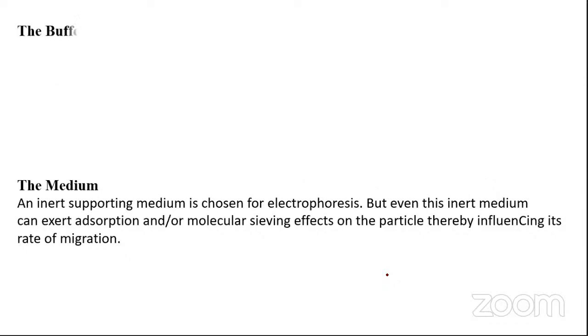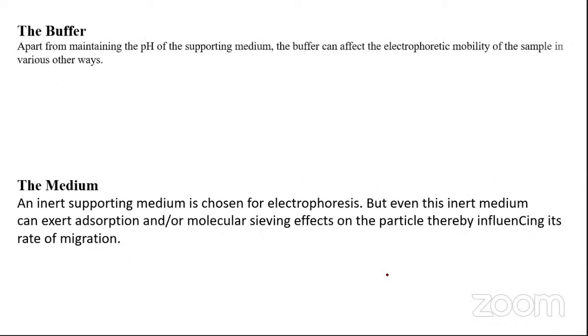Now, the next important factor is the buffer system, because it is going to decide the charge on your molecule. There are different ways in which buffer can affect electrophoretic mobility. As we are nearing the end of the lecture, I will not discuss the buffer and the medium today.